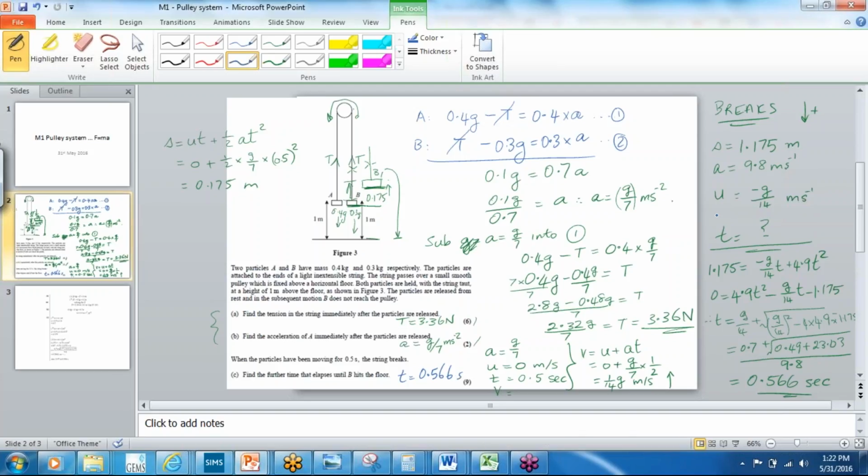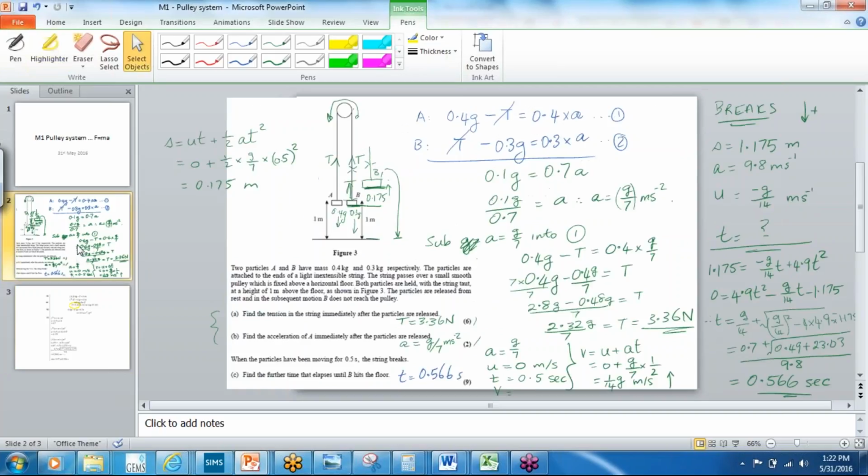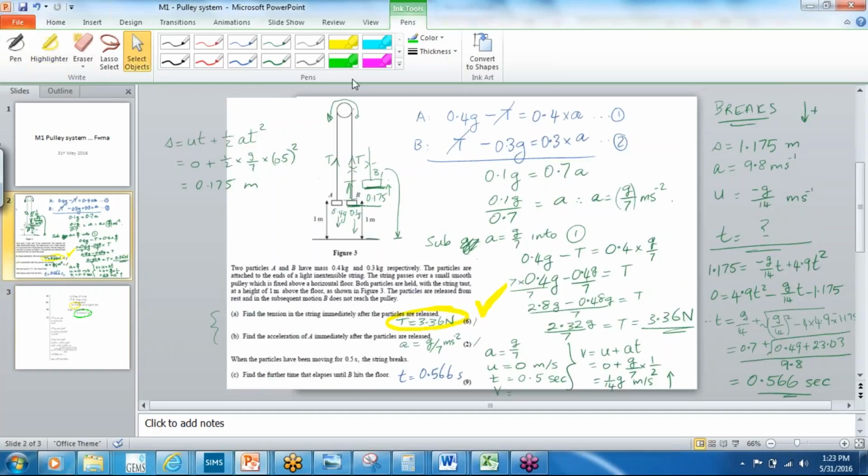All right, not straightforward. Let's have a look at the solution. So part A, we've got 3.36 newtons. I noticed they've got also 12g over 35, so you could have left it as a fraction. Part B, the acceleration of 1.4 or g over 7, and we've answered it as g over 7. Good.